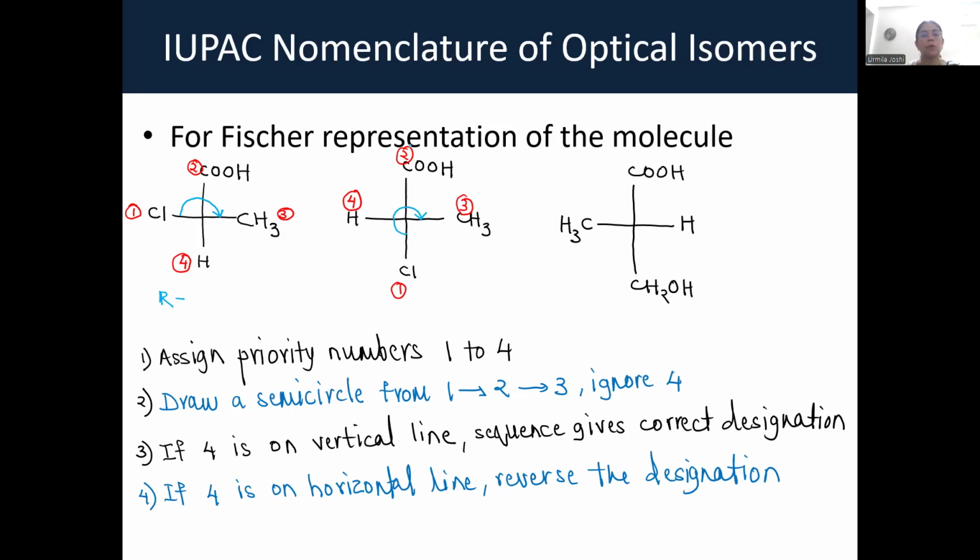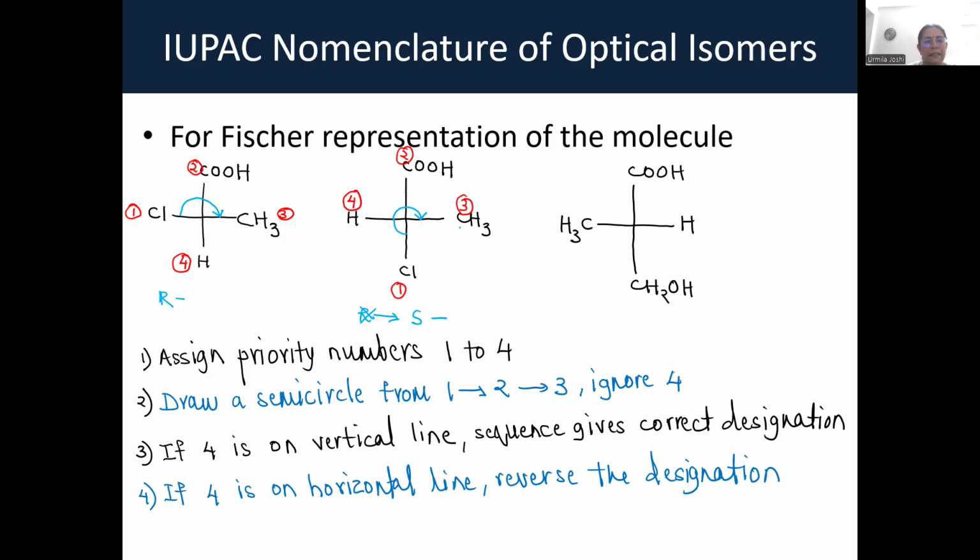Okay, ensure that you are going from 1 to 2 to 3. When you do that, this is clockwise, correct? Just like this is clockwise. But the fourth priority is on the horizontal line, so reverse the designation. So although it is clockwise, so you would write R, but the fourth priority is on the horizontal line, so the designation is S.